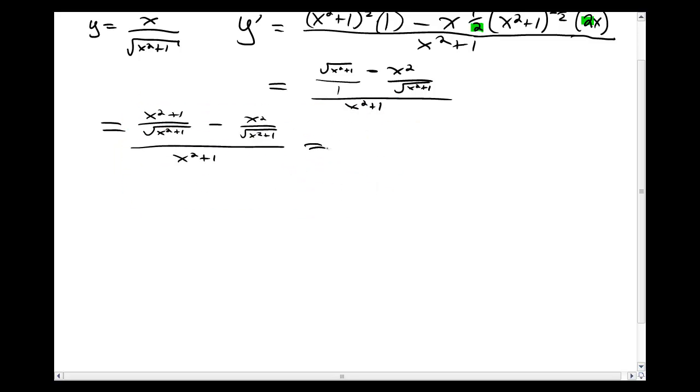I'm able to observe that there's some simplification that can happen. On the top I have x squared plus 1 minus x squared all over root x squared plus 1 all over x squared plus 1.